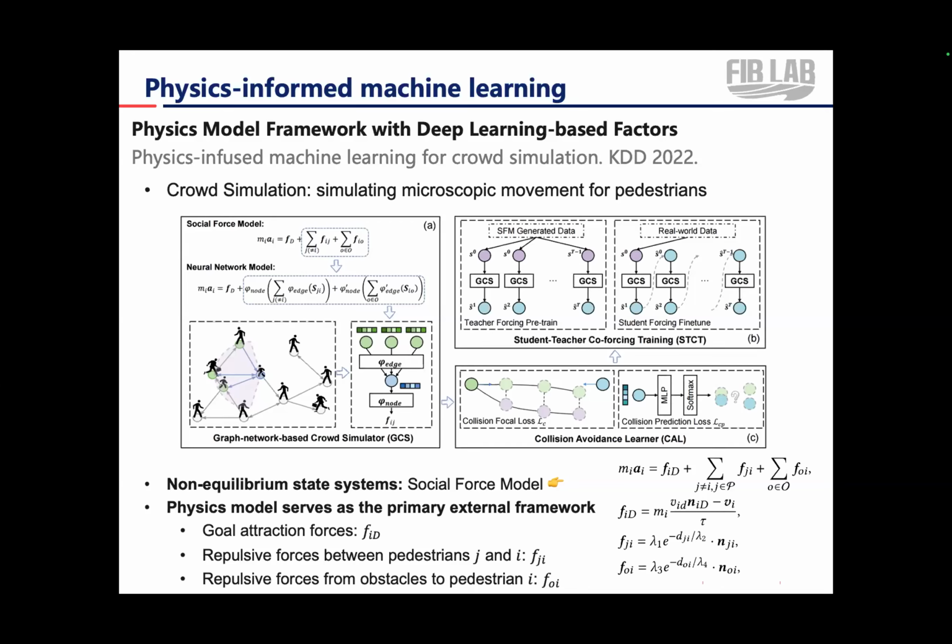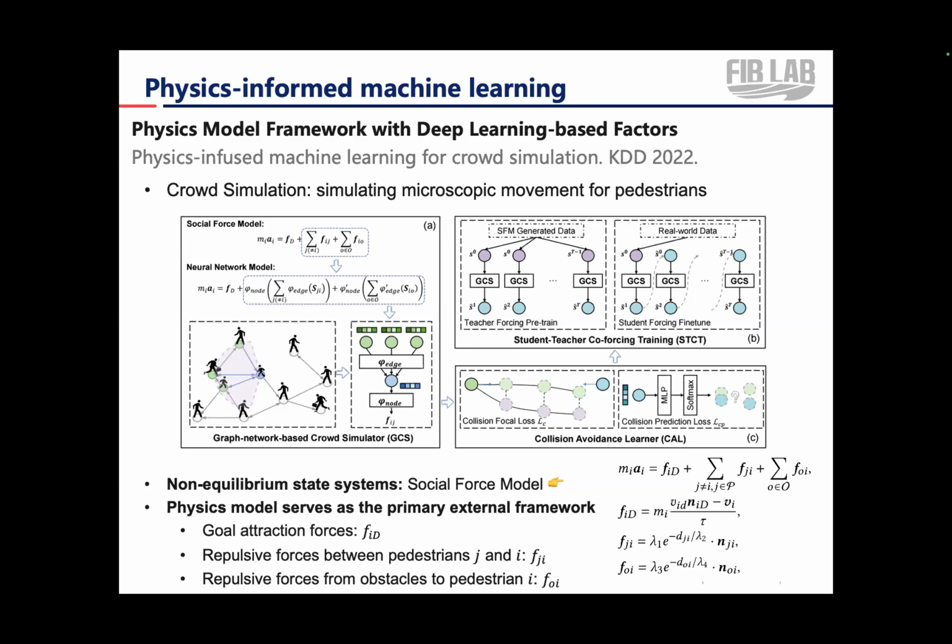And actually, in this scenario, there's a very interesting physics-based model called social force that is motivated by Newton's force formula, and it considers human movement as two kinds of force.